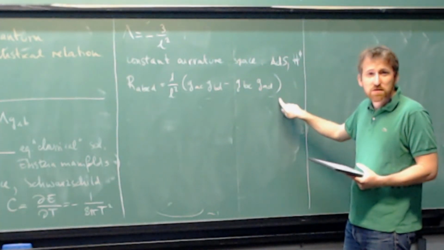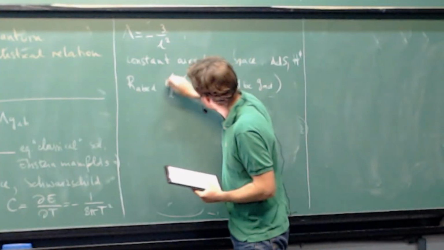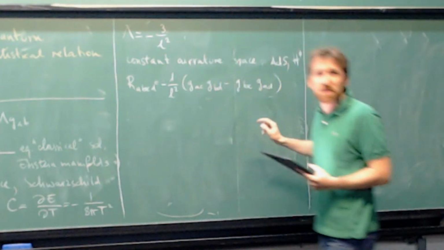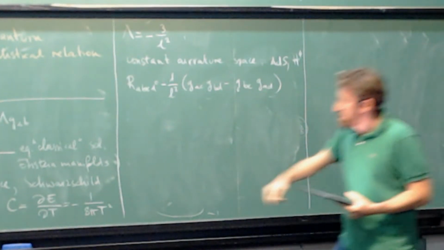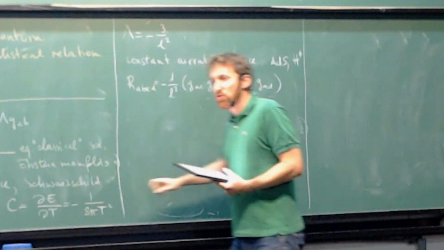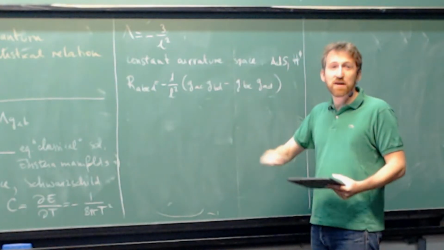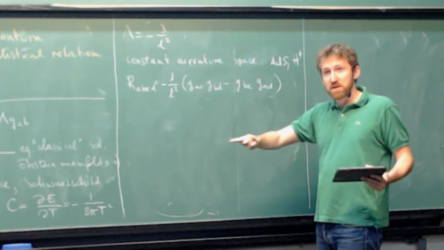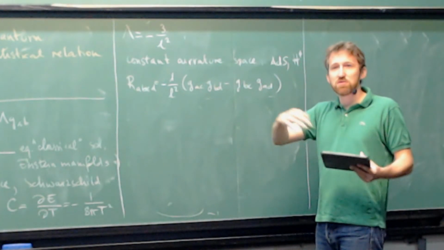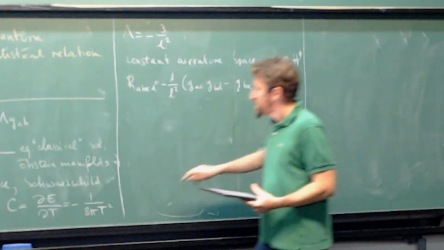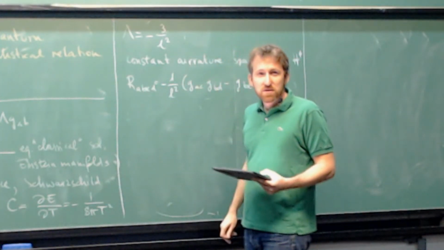This is not the case for Schwarzschild, for instance. So gravity here is trivial in the sense that you give me the metric, and it specifies everything that will happen in gravity, all the geodesics, all the motion of particles and everything. This is not true if the space is not constant curvature.